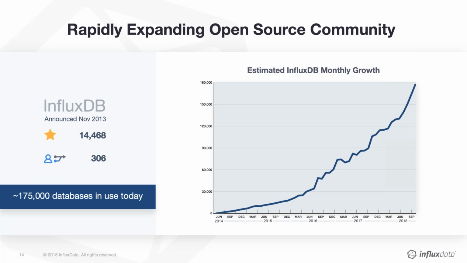And most of our users, I would say 50 to 60%, disable it. But if you don't disable it, then we get to see who's downloading and using our database. Other than that, we don't get any information out of that. Based on the information we get, we see on a weekly basis, at least this week, around 175,000 databases in use. The actual number could be double or a little bit more than double as well.